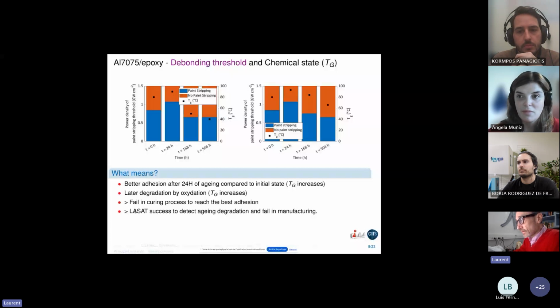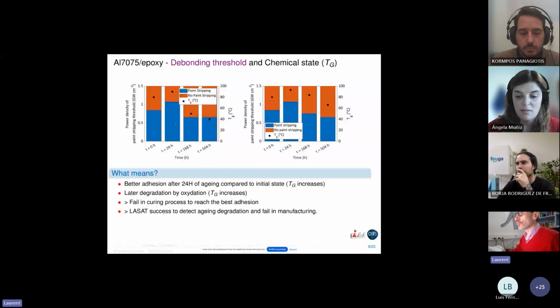So it shows that the technique succeeds in detecting the aging degradations and shows failure in manufacturing, but it shows also that it is very sensitive to the interface properties and the chemical properties of the materials. So it works in the two tables, the two graphs are for different thicknesses of the materials, and we have the same behaviors.